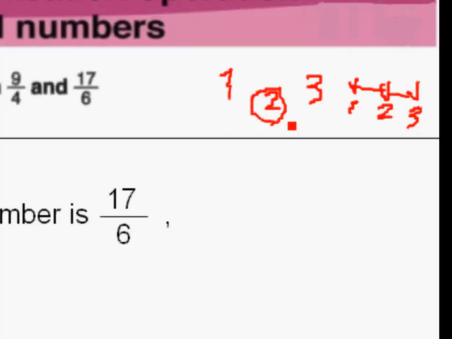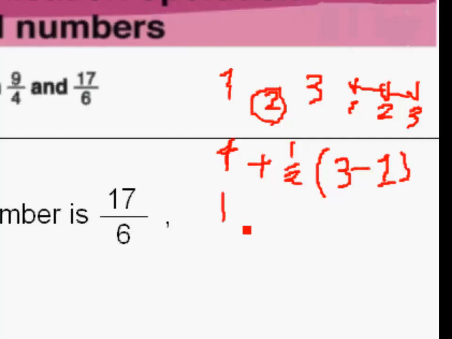How can we calculate it? You have to see which one is the smallest number, 1. And you have to add another number, which is half times the difference between the greater one, which is 3, minus the smallest one, which is 1.